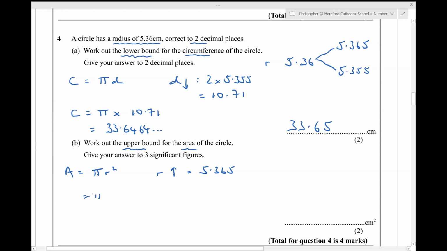So pi times 5.365 squared, and that gives me, on my calculator, 90.425, 1 and so on, 3 significant figures. So my cutoff point is after the 4 there, so my answer is 90.4 square centimetres.